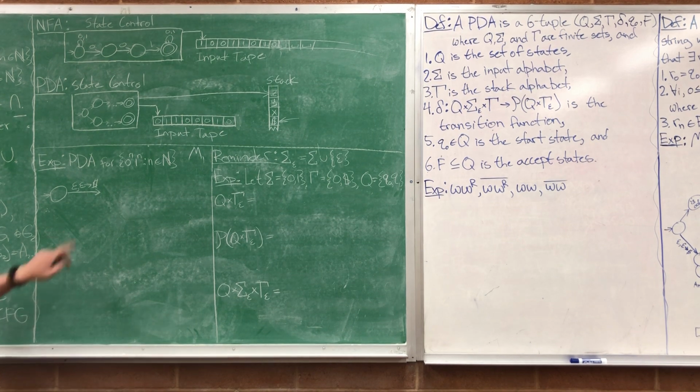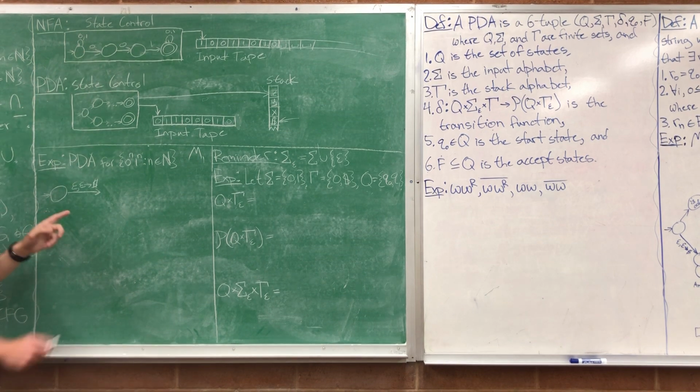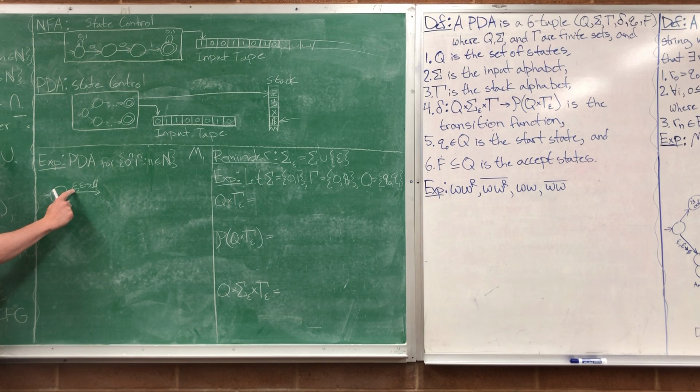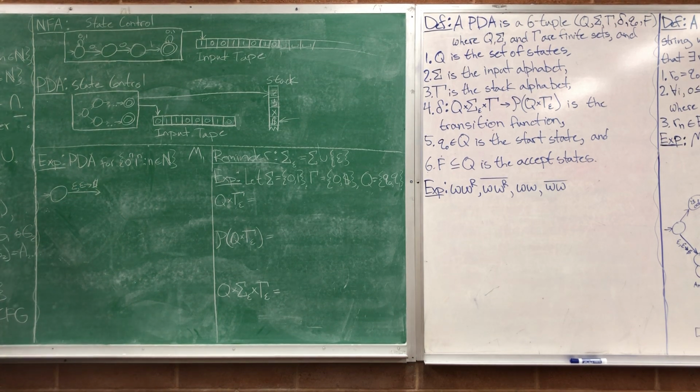So now, instead of just saying what we're reading, which is how we did our transitions before, we write the input we're reading, which can be nothing, that's perfectly valid, just like with NFAs, comma, what you're taking off the stack, you have the option of taking nothing off the stack, arrow, what you're putting on the stack, pushing on the stack. I often call this what you pop, this what you push. That's just terminology you use with stacks, you just gotta get used to it.